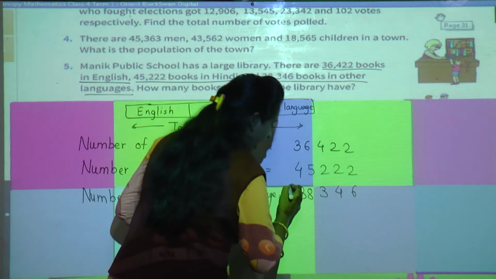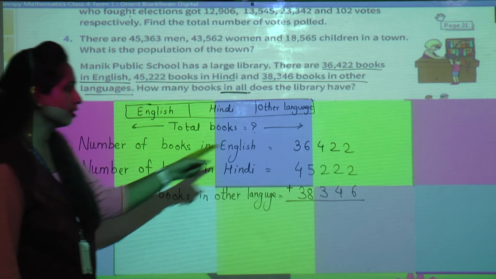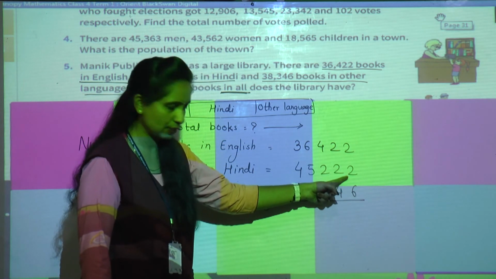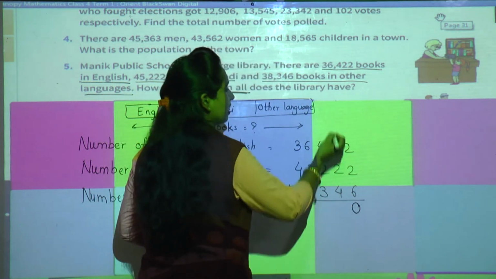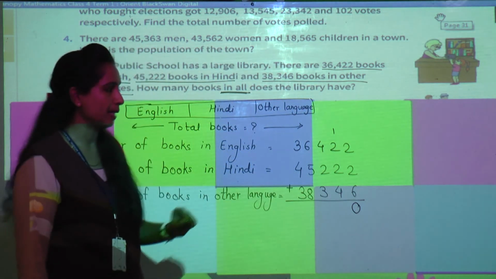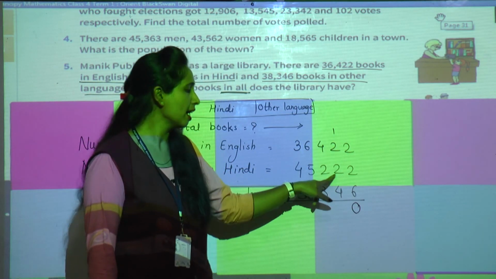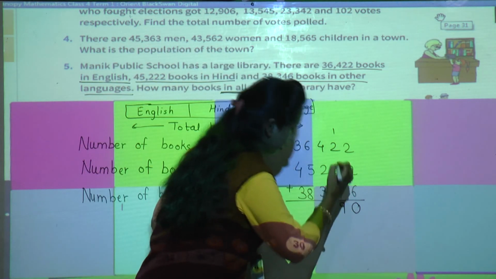Now what will we do to find out how many books there are all together? We will add together. Okay, now we will add these 3 numbers. See here, 2 plus 2 is 4, 4 plus 6 is 10, so 0 in the 1's place, 1 carried to the 10's place. Now 1 plus 2 is 3, 3 plus 2 is 5, 5 plus 4 is 9. Very good. So write here 9.